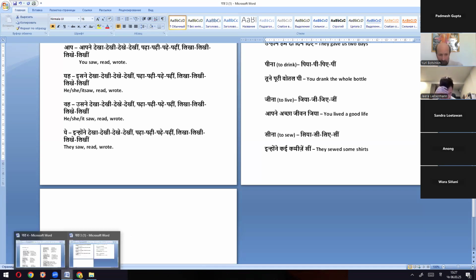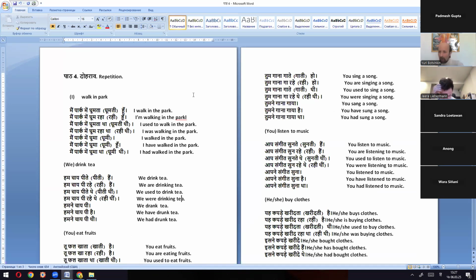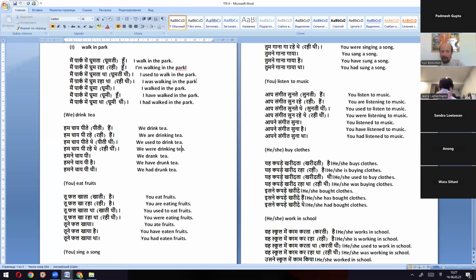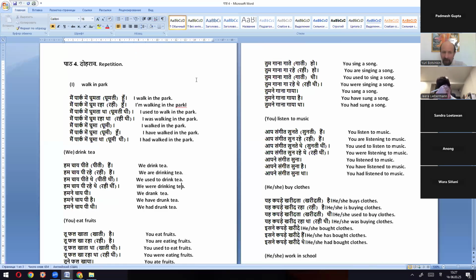And now we don't have much time, but let's come to our last lesson, this 4th lesson, where I just gave you the example to practice. With each personal pronoun, we made a sentence and we used it in every known tense.